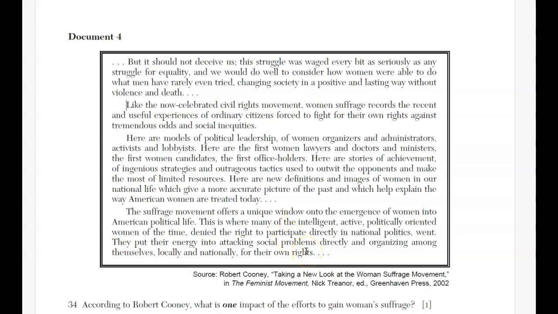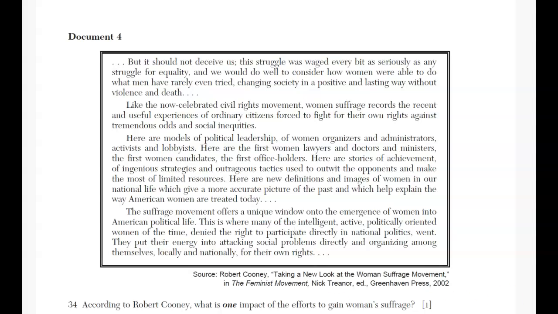The suffrage movement offers a unique window onto the emergence of women into American political life. This is where many of the intelligent, active, politically oriented women of the time denied their right to participate directly in national politics went. They put their energy into attacking social problems directly and organizing among themselves locally and nationally for their own rights.